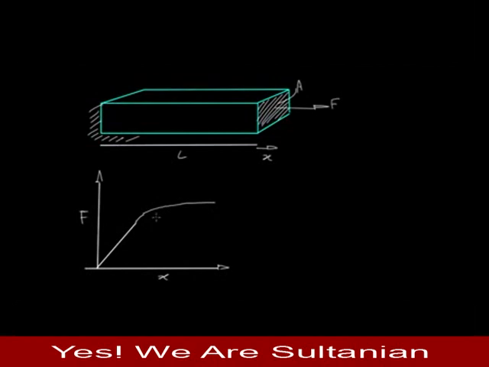You can imagine if you pull on a piece of metal hard enough, it'll eventually reach a point where it'll start to stretch. It's like a spring. If you pull a spring, it's going to eventually reach that point where it's not going to return to its original shape. It's going to stretch and be fully deformed.